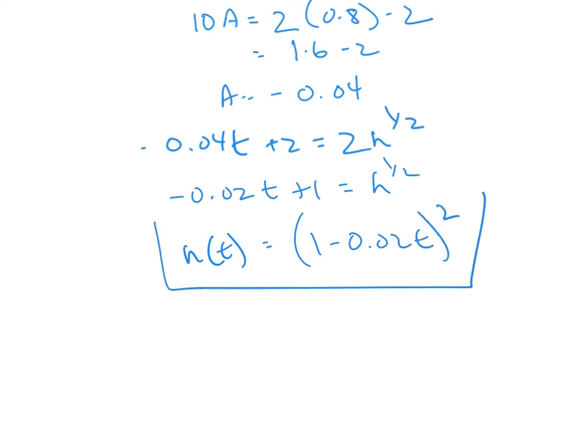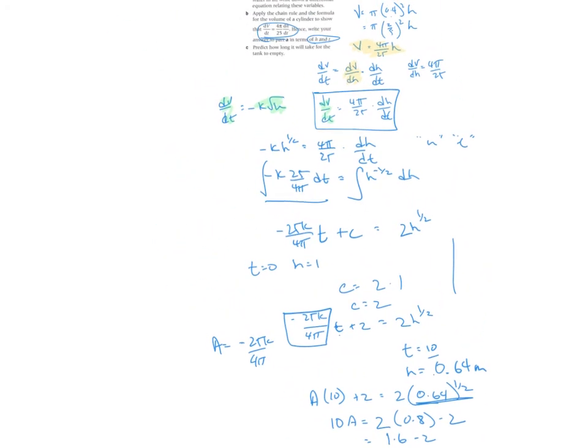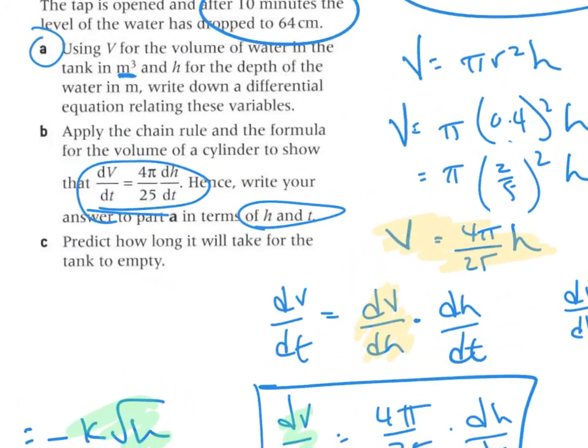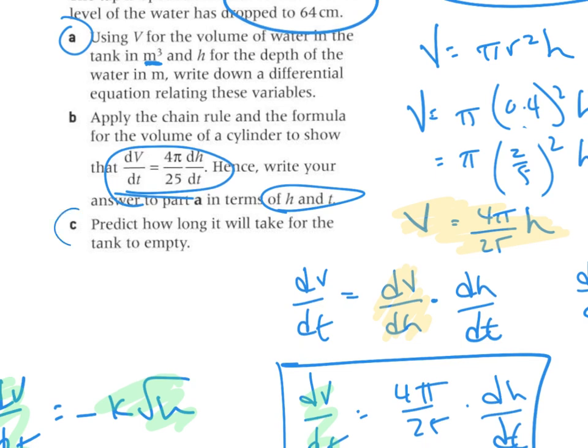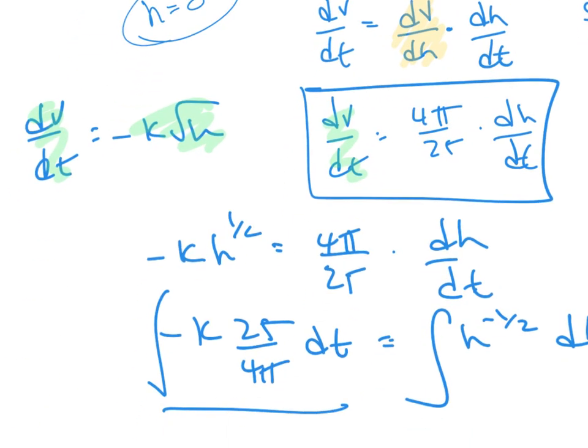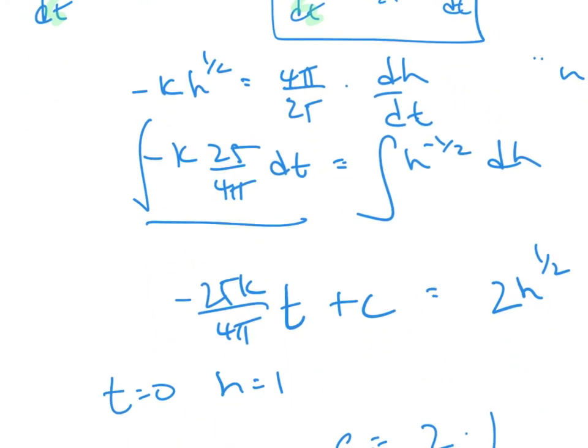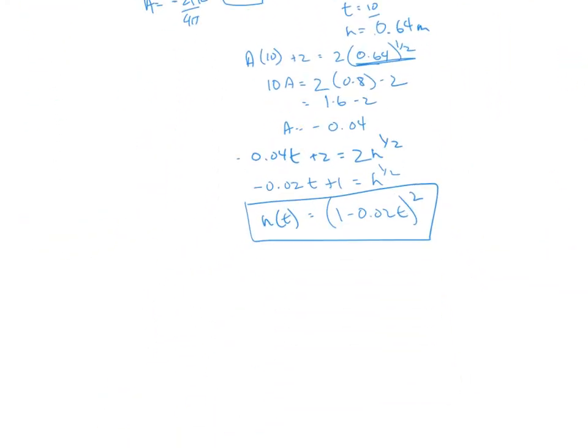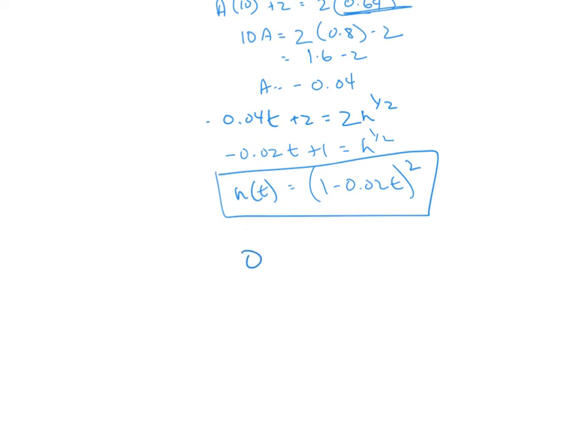And so this is h as a function of t, which is what the question was asking for way back when. And then finally, part C says, predict how long it will take for the tank to empty. That means I want the h to be 0. So I go back to my equation here. I know I want h to be 0. So I have (1 minus 0.02t) squared equals 0.